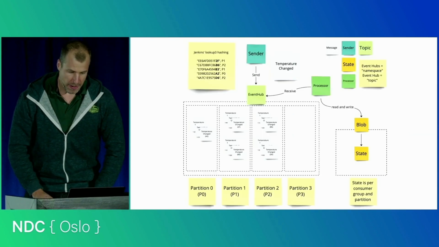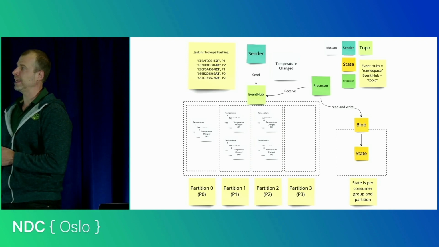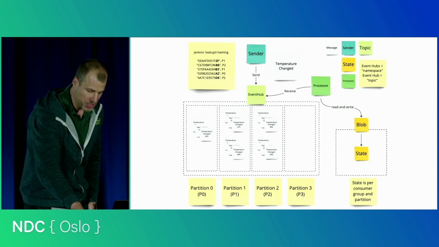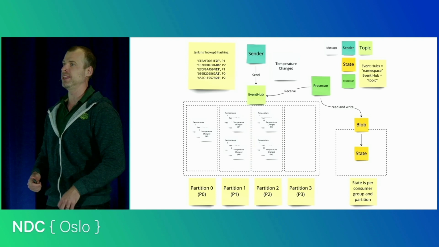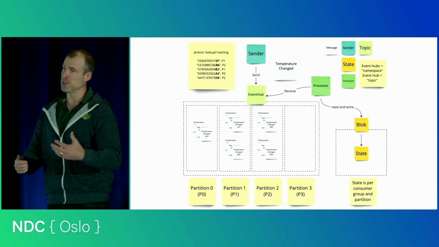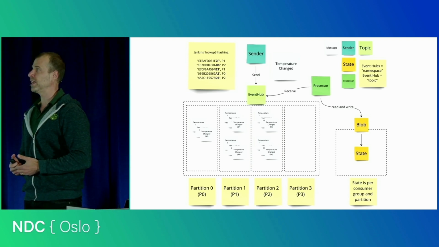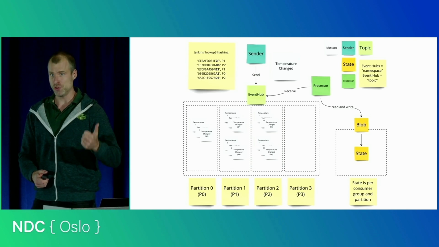So what Event Hubs does, and here I have essentially the same problem I showed you before: my Swiss chocolate manufacturing company actually scaled out massively. They now have lots and lots of warehouses, not just in Switzerland. They also produce outside of Switzerland, and they want to make sure that they still get all the temperatures from those warehouses in strict ordered fashion.